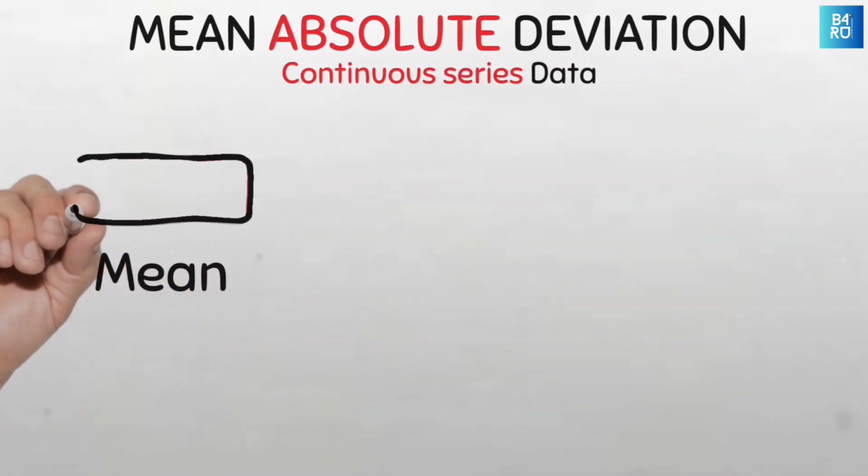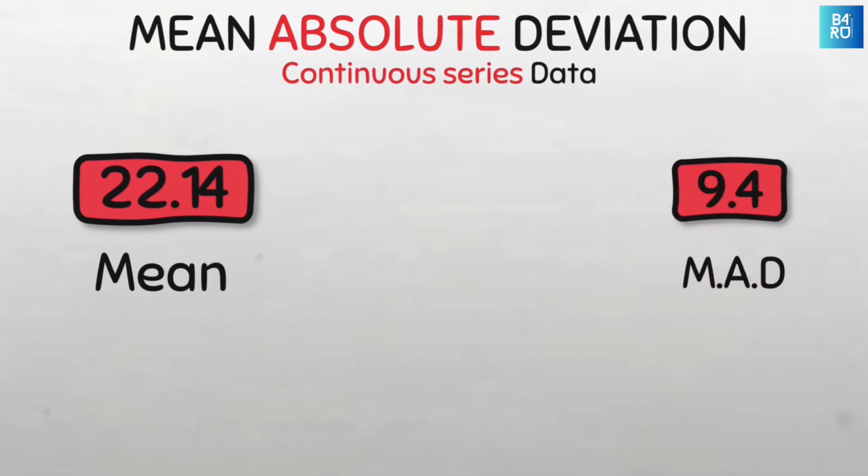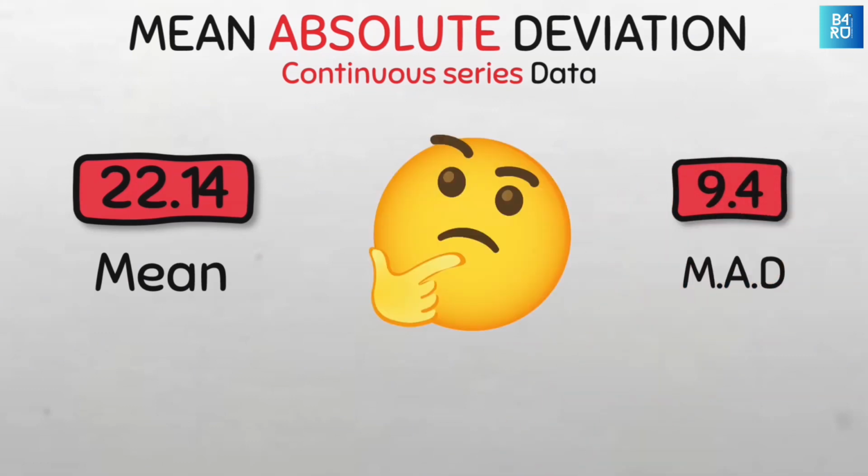Awesome. So what does a mean of 22.14 months and a mean absolute deviation of 9.4 months tell us about our data on the ages of children in the nutritional clinic? Well, a mean of 22 months indicates that on average, the values in our dataset tend to be around 22 months.